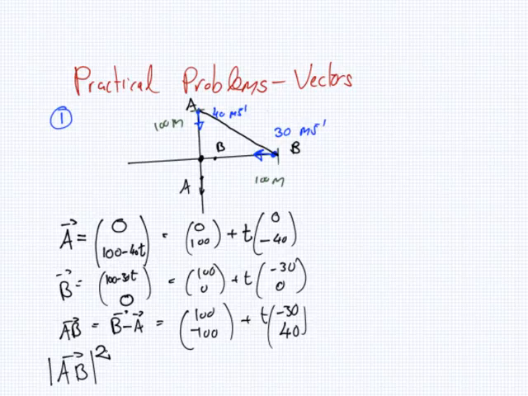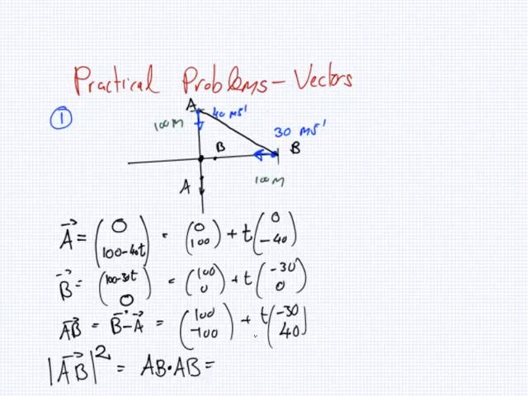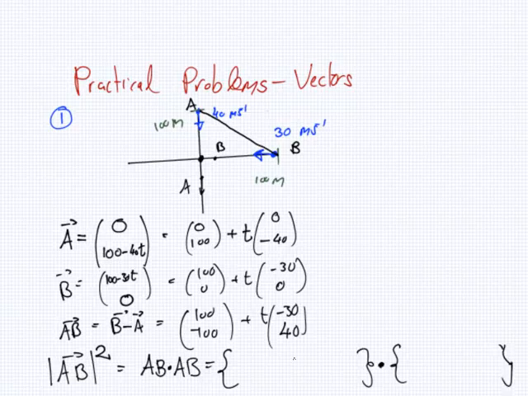So the magnitude squared is equal to AB dot AB, which is this dotted with itself.